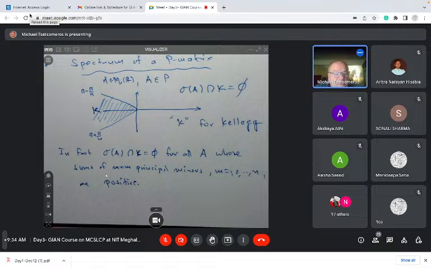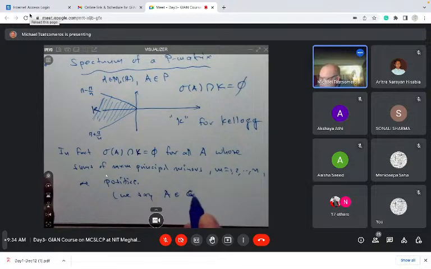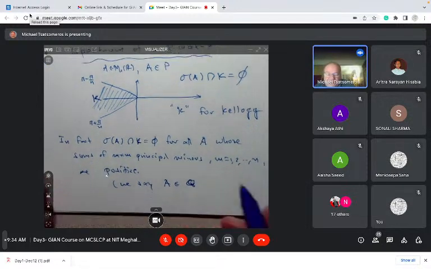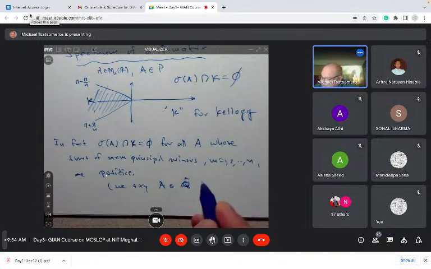In the matrix theoretic literature, this class has a name, and unfortunately they call it Q. I'll say here we say A belongs to Q, but not to confuse it with the Q that means the LCP has a solution, I'll call it Q hat.